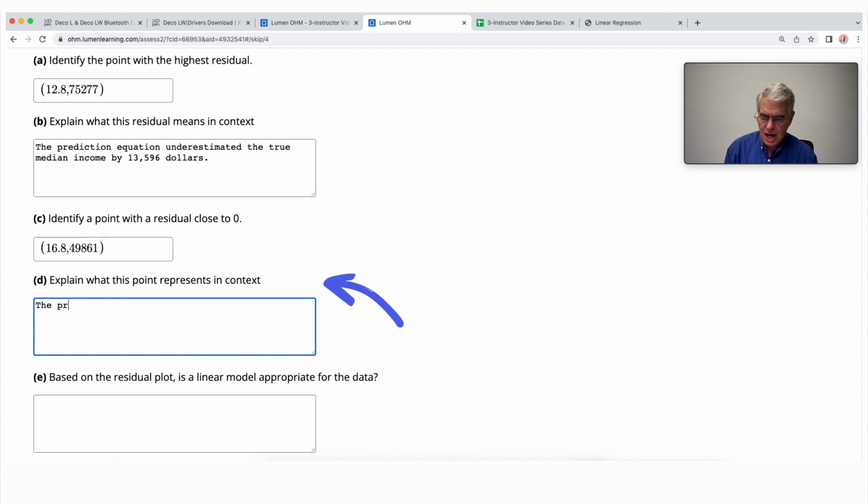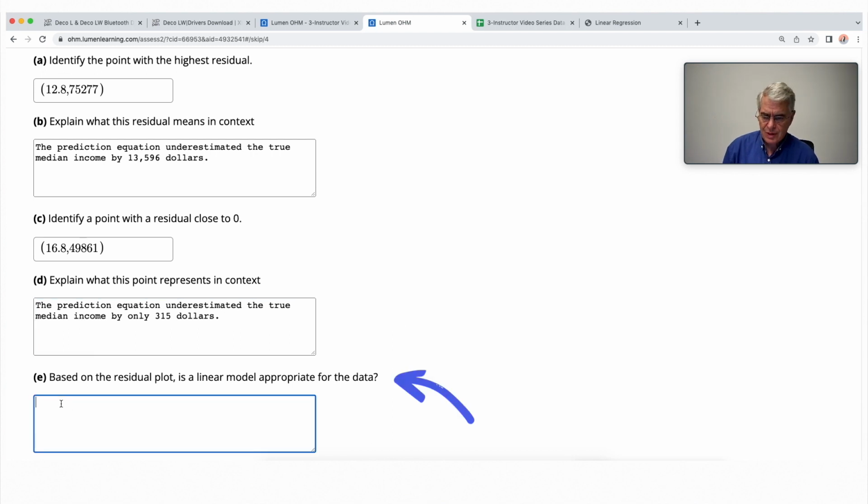The prediction equation underestimated the true median income by only $315. That's a very close prediction. The residual is almost zero.